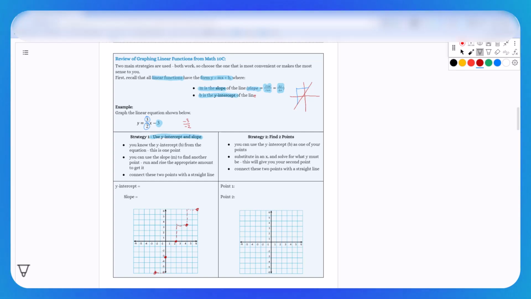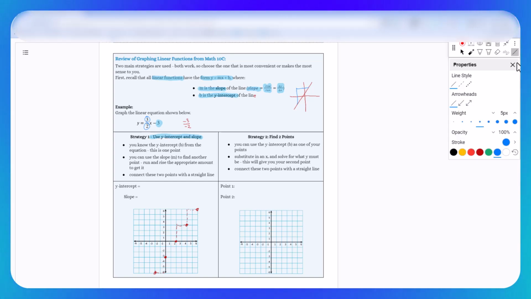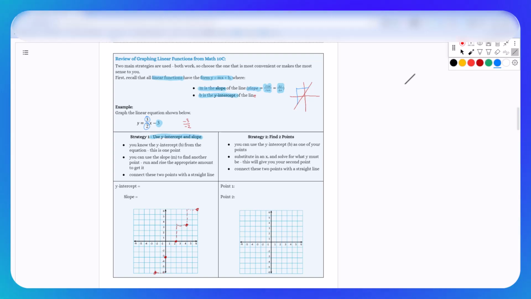So we'll go ahead and get our straight line out, and join them up.